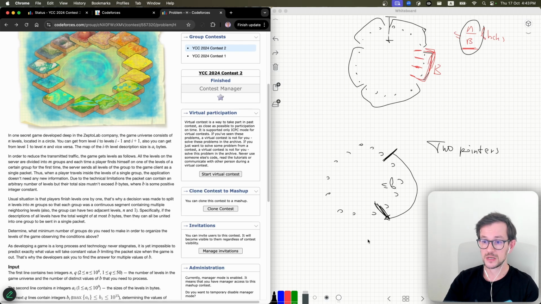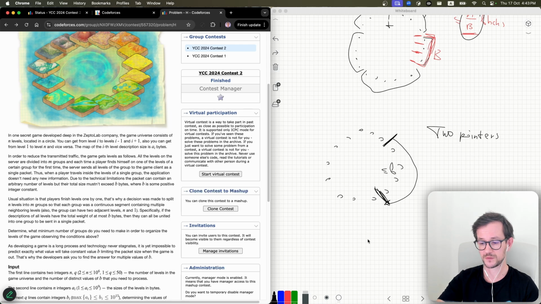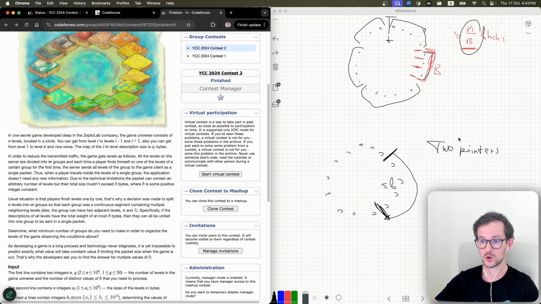So again, this part is pretty standard, but this part is not very standard. You first calculate these jumps. This is the standard part. If you never did it before, just try to do it. It's not that hard. And then this is the non-trivial part. You find this smallest part, pick all the points inside this segment, and try to start doing these jumps from this point.